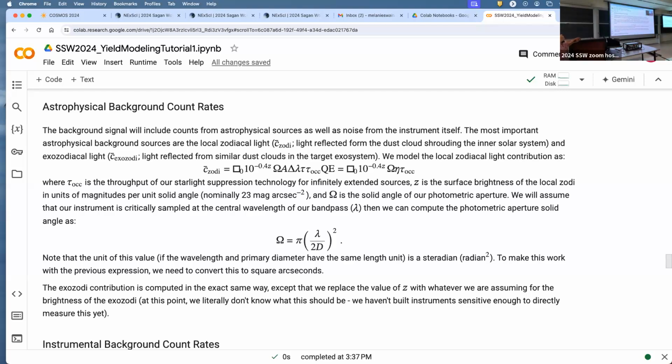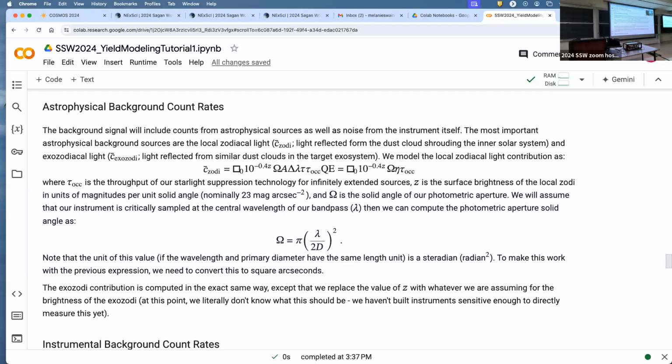And then the other important thing that you need in here is how do you describe the brightness of an extended source? We usually talk about the surface brightness, and here we're calling it Z. For our local zodi, we normally use 23 magnitudes per arcsecond squared as the surface brightness. And then we have to know how much of that we're seeing in terms of a solid angle.